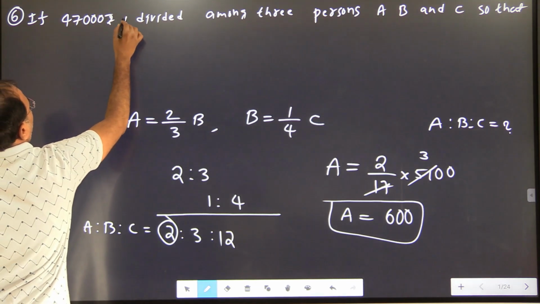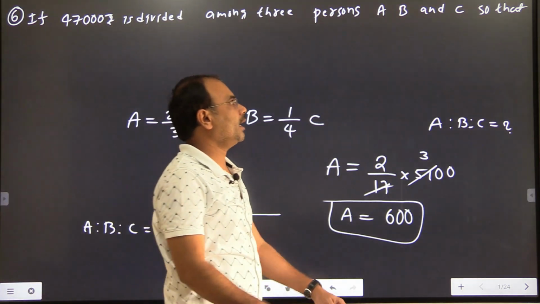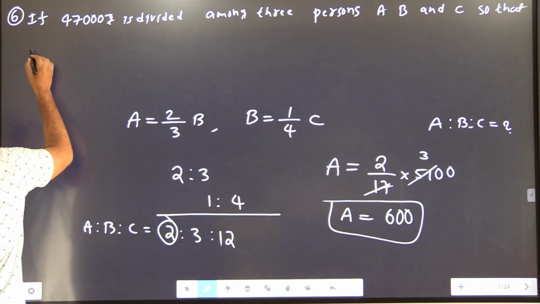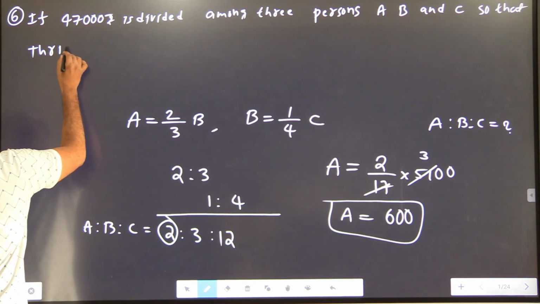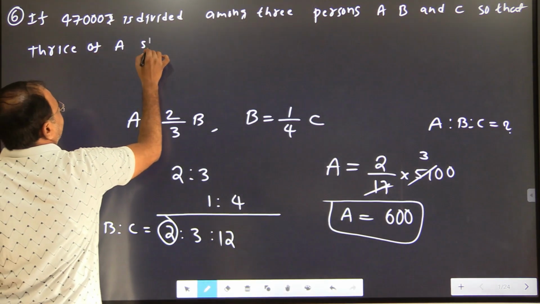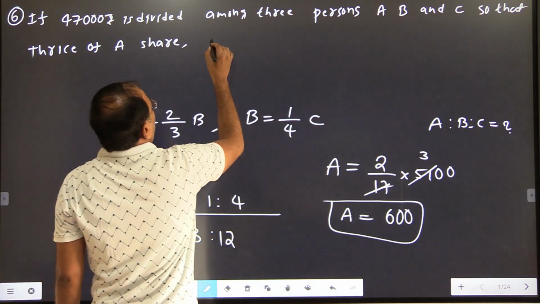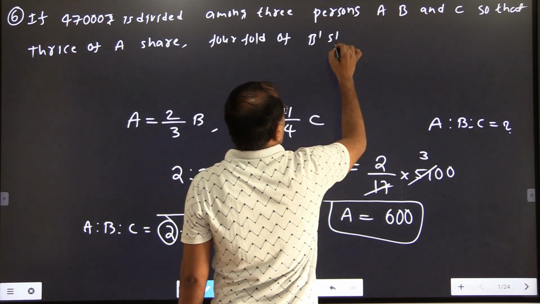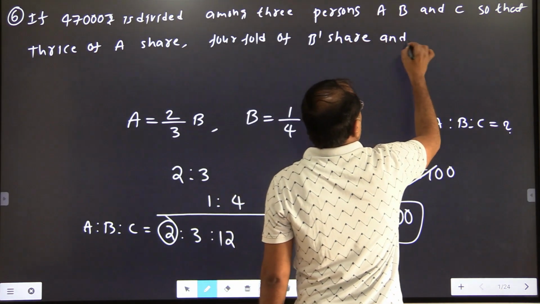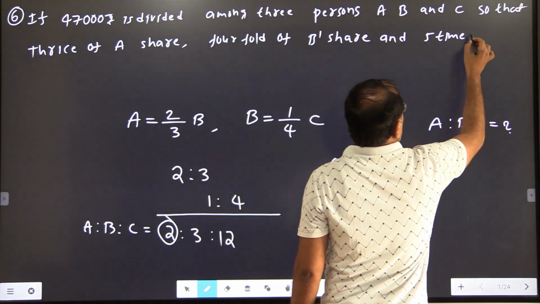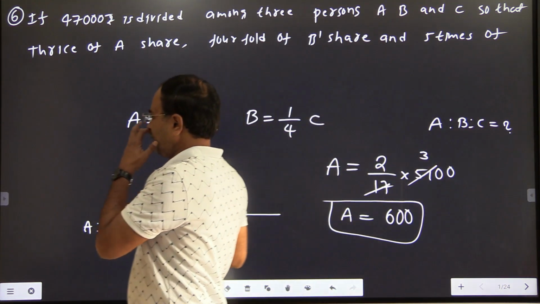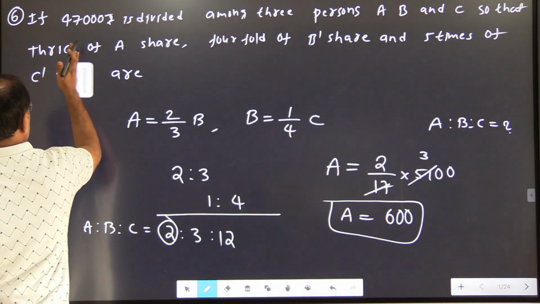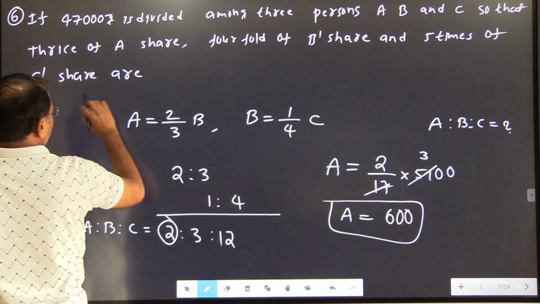₹47,000 is divided among 3 persons A, B and C, so that thrice of A's share, fourfold of B's share, and 5 times of C's share are equal or same.